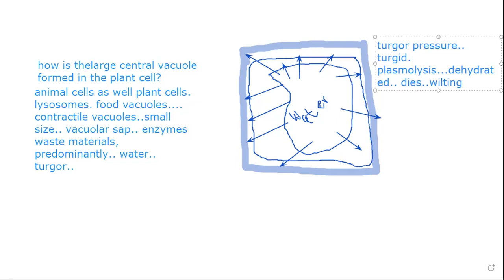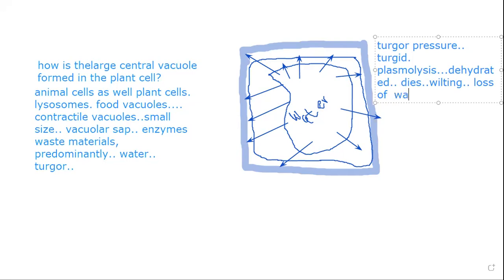Plasmolysis means the loss of water from the plant, uncontrolled loss of water due to high temperature or very sharp sunlight, heat radiation.